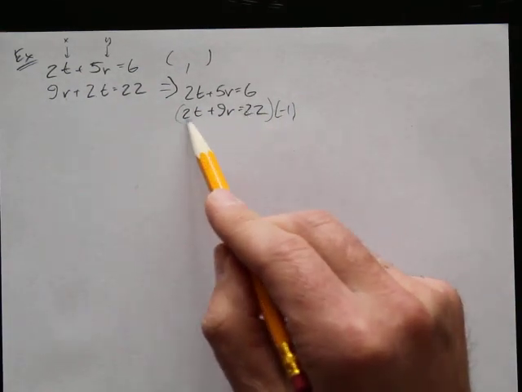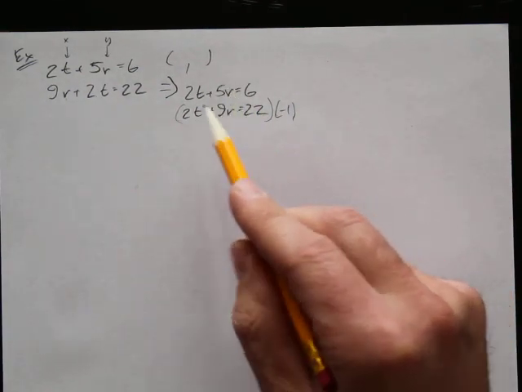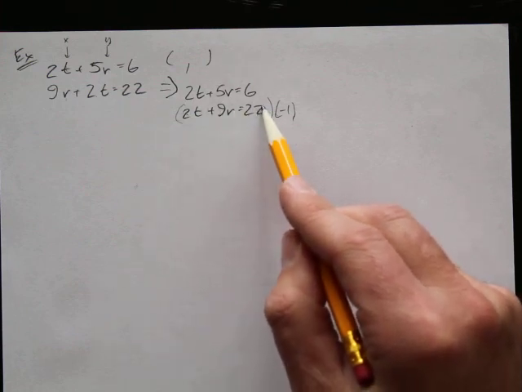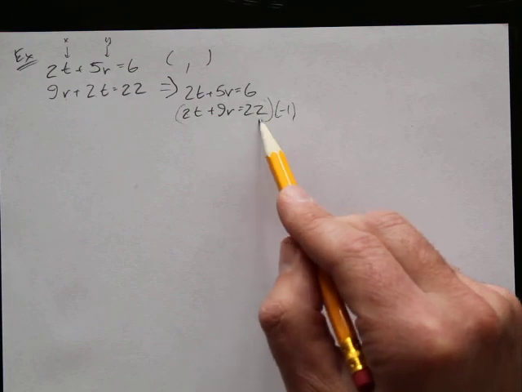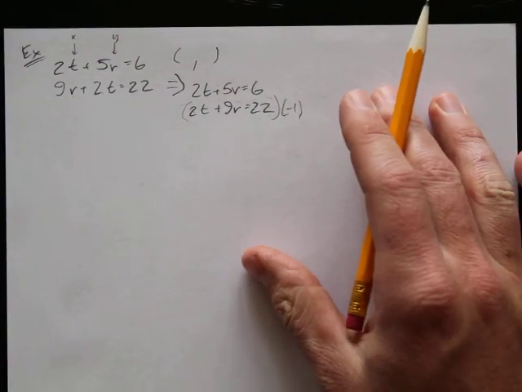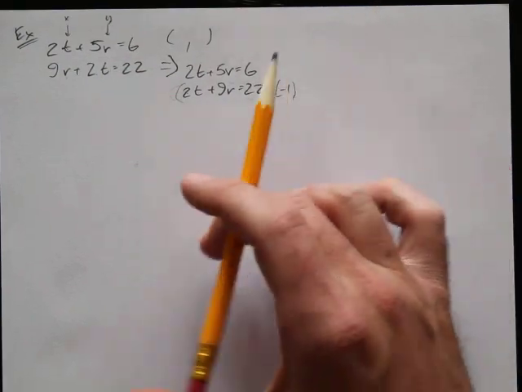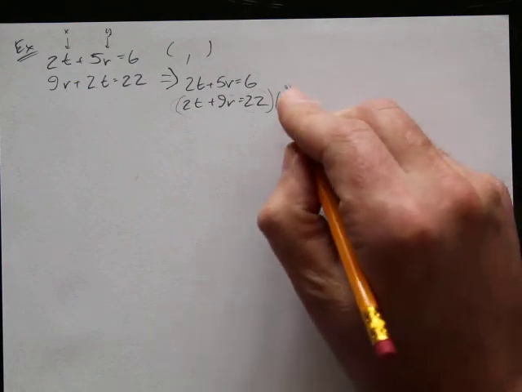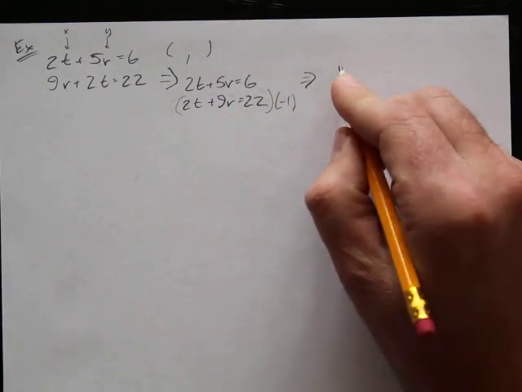Not both of the equations, but one of these equations. Doesn't matter which one, but one of these needs to be a negative 2t. But if I multiply this side of the equation by negative 1 and this side by negative 1, I'm okay. Whatever I do to one side, I do to the other, and everything is still okay. So when I do that, it's going to look like this.